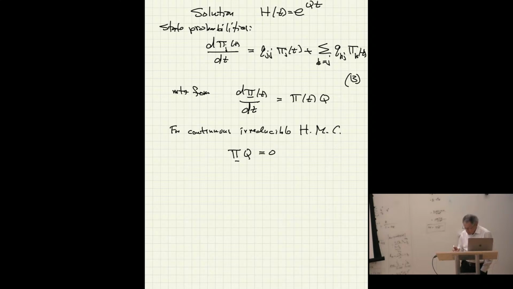This is the equilibrium distribution we're asking about. This, along with the summation of the probabilities going to 1, as always. And this is similar to what we started out today with, pi equals pi P for discrete time.